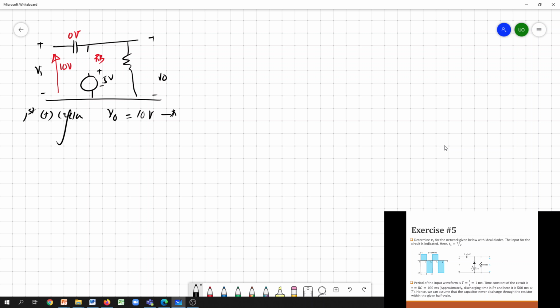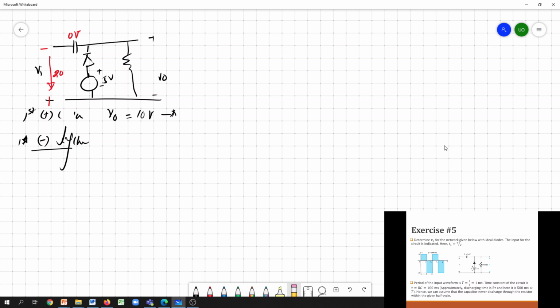Okay, so then I move to the first negative cycle. The input is like this. We have the input voltage of 20, and we have the diode here. The capacitor is still at 0 voltage.